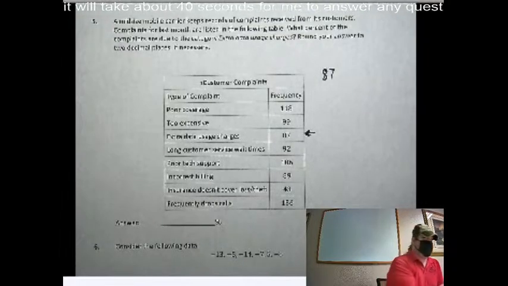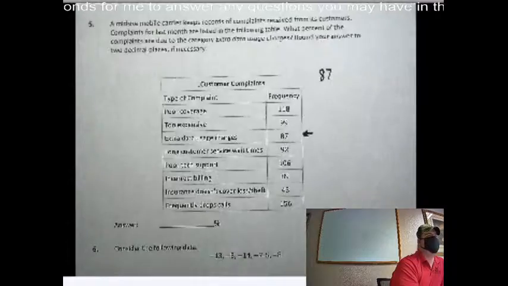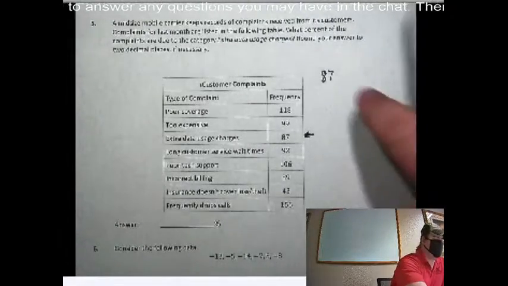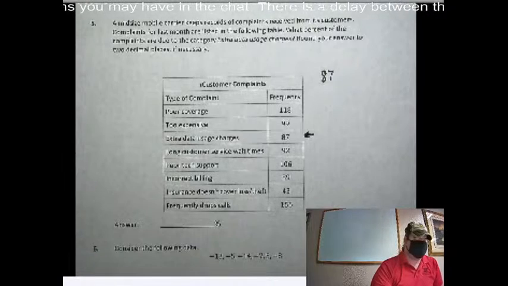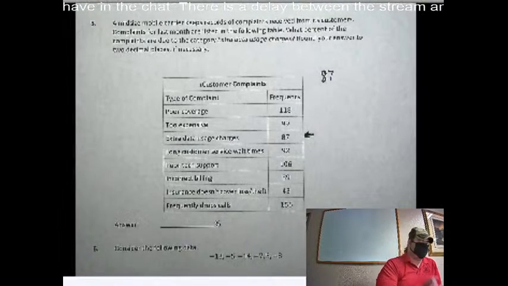Exactly. Good. We need the total number of all of these complaints that have been recorded so that we can determine what this is in comparison to that. Okay, so we're going to need to add up all of these frequencies.